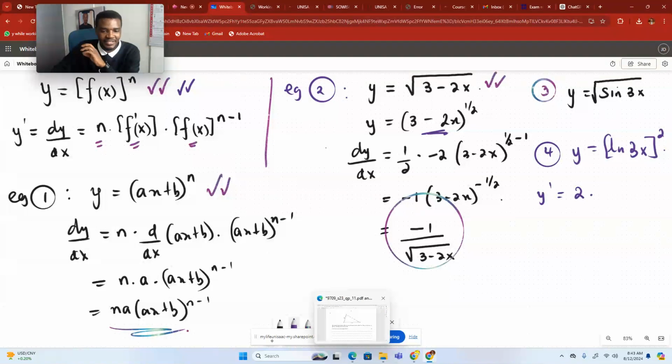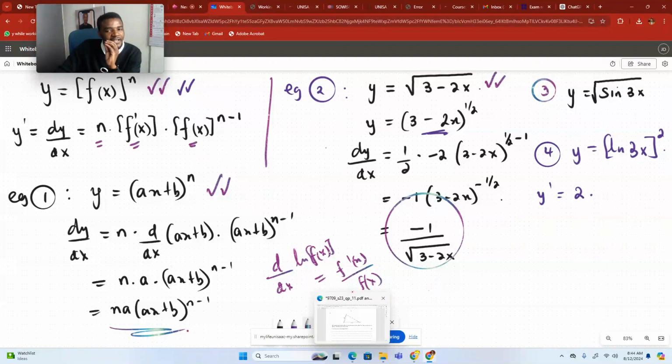What is the derivative of ln of 3x? Remember, we need to know that the derivative of ln of a certain function. Let's say you want to differentiate ln of a certain function, what you need to do is to find the derivative of f of x, then you divide by f of x.